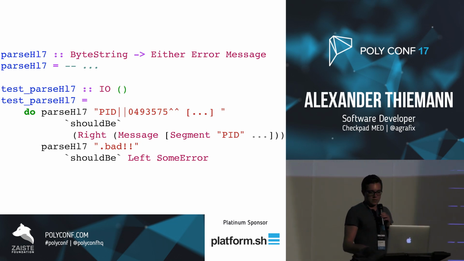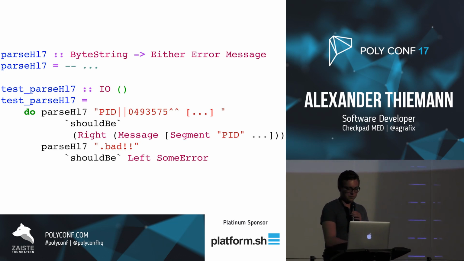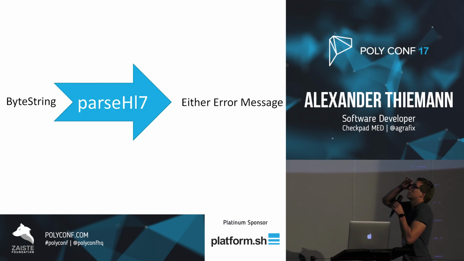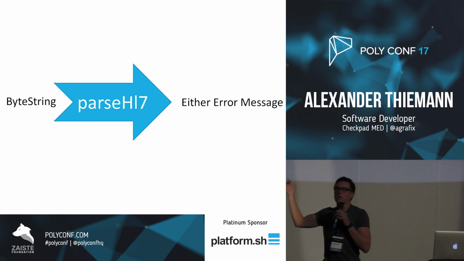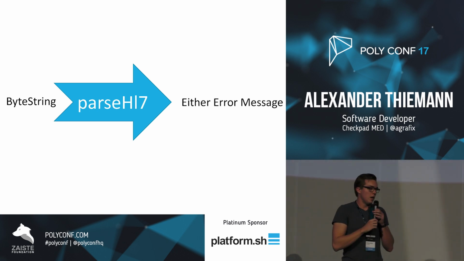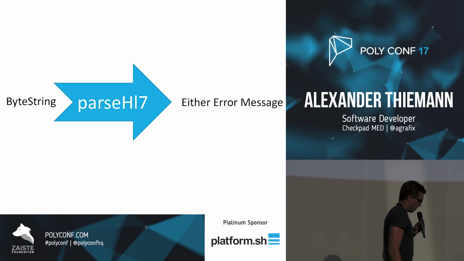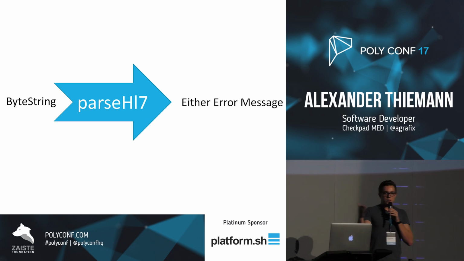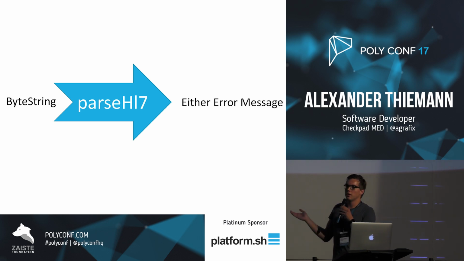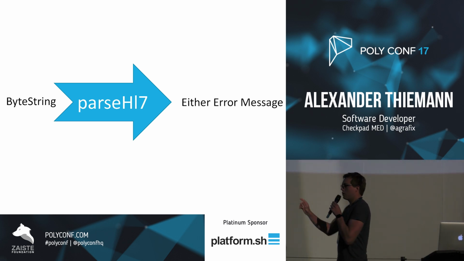So what you get out of this is kind of like this. Just for visualization, I put an arrow here. As I said earlier, from byte string to this either error or message. And now, as a lot of recent discussion is coming up about microservices, you can use this function and you're really free where you want to plug it in, right?